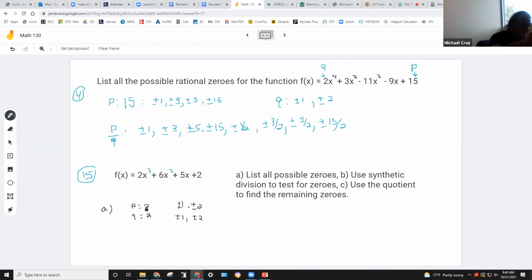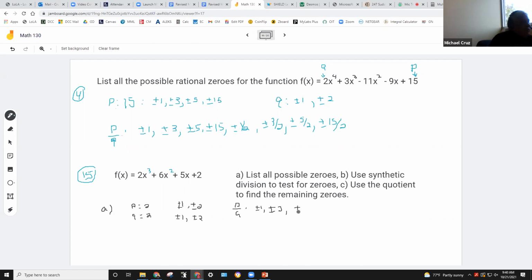All right. So P over Q is going to then process as plus or minus 1, plus or minus 2, and then because here it's 1 over 1, 2 over 1, and then 1 over 2.